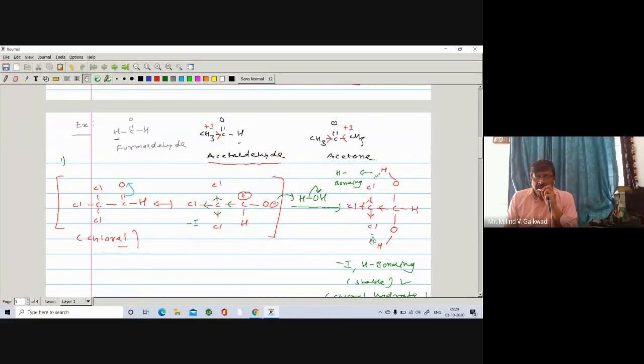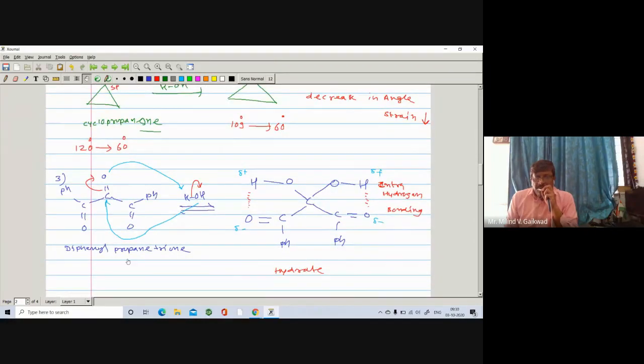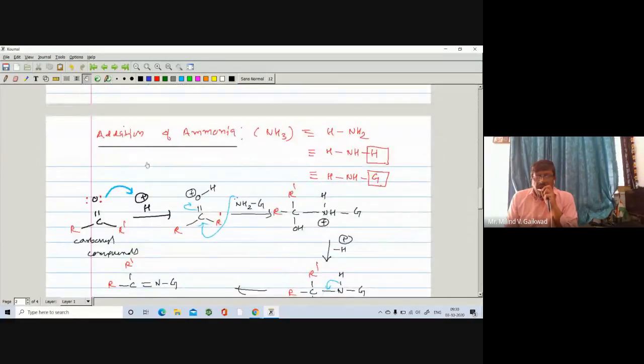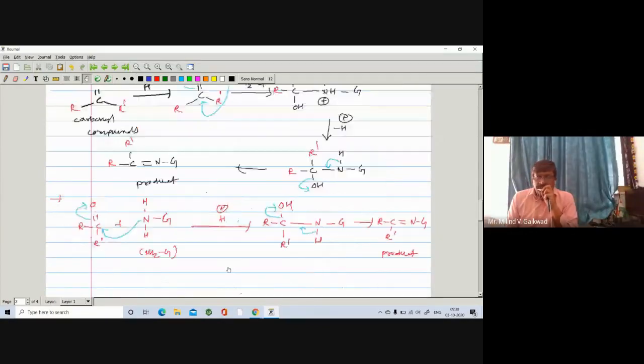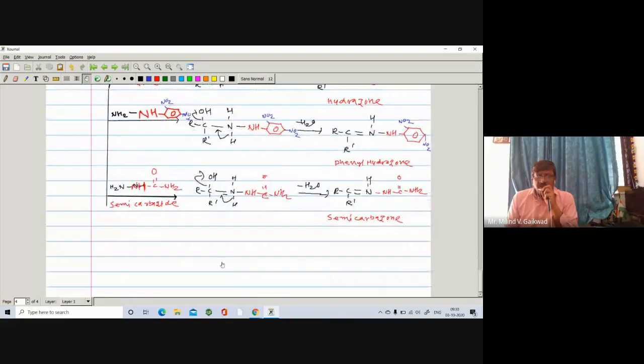Chloral can form a hydrate, cyclopropanone can form a hydrate, and diphenylpropanetrione can form a hydrate easily. What is the reason? They may ask for 2 marks. And we have seen the addition of ammonia and its derivatives. So if you know one, the remaining are all the same. So these are some of the addition reactions, right?